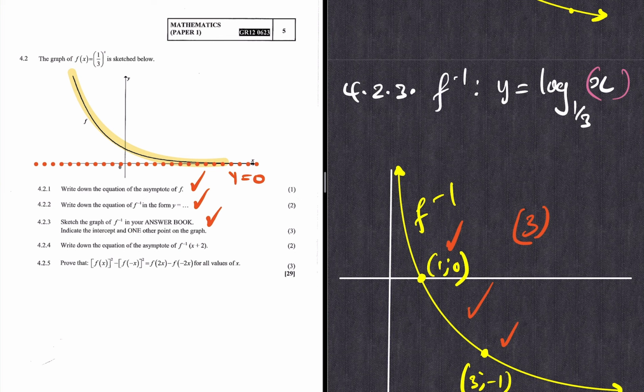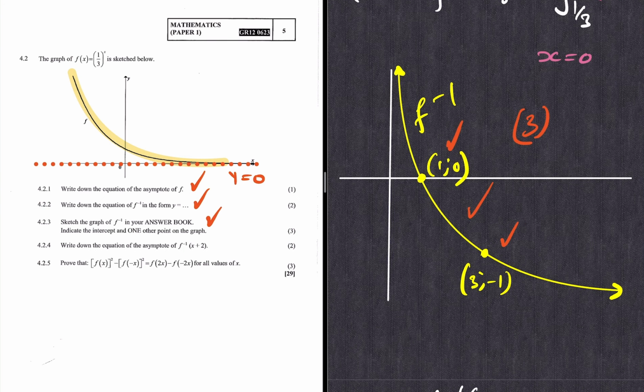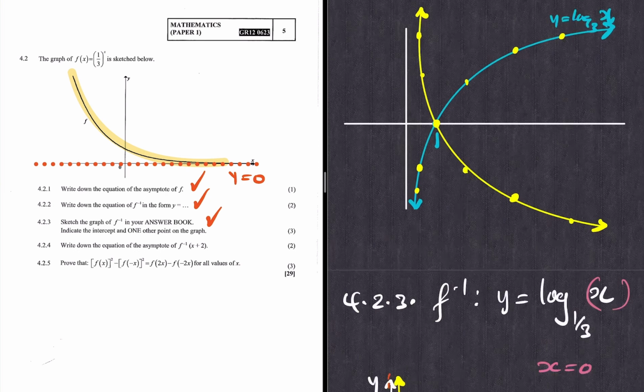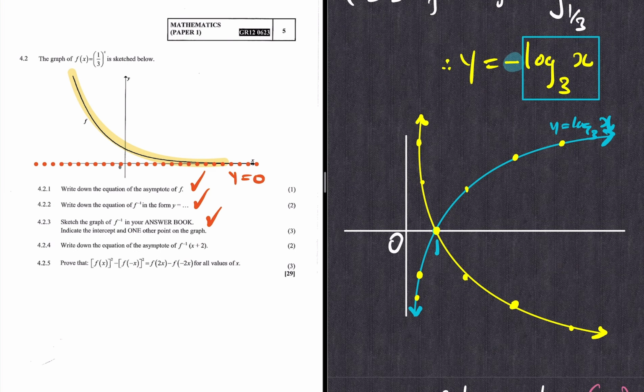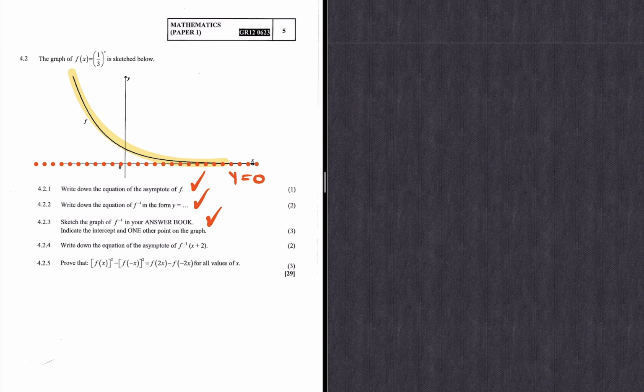Therefore, its equation of asymptote is going to be x equals 0. This part here must be 0. You can see that right on the y-axis, when x is 0, this graph approaches it and is never going to touch it. That's how best you can solve this particular graph.